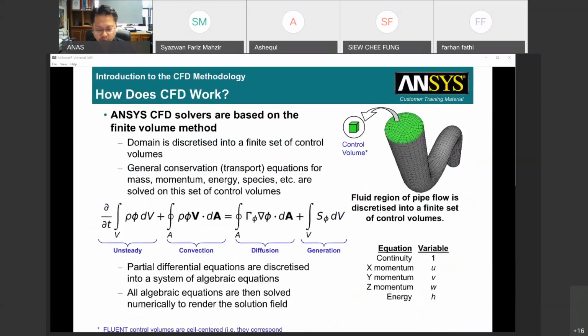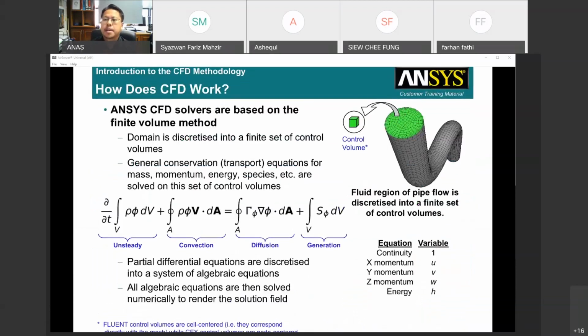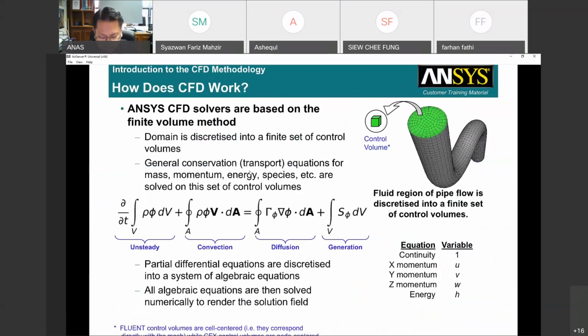For Ansys specifically, how does it work? The solver itself is based on the finite volume method. This is FDM, right? Sorry, it's not FDM, it's FVM.